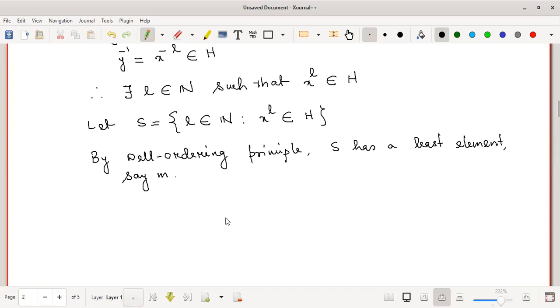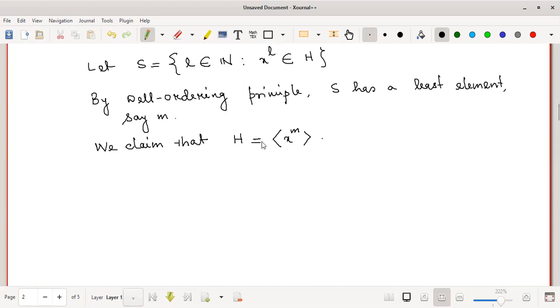We claim that actually x to the power M is the generator of H. We claim that H is the subgroup generated by x to the power M. This is my claim. If I can prove this claim, I am through.